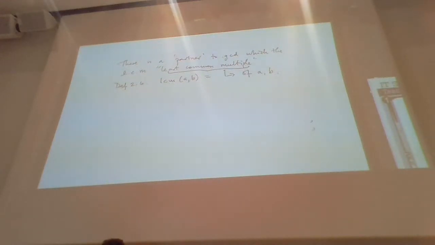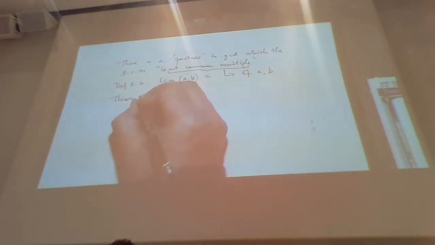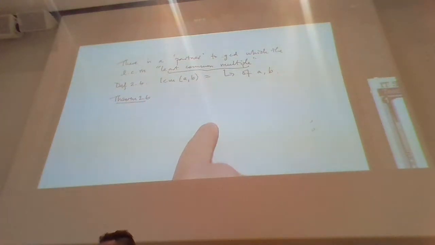When I say partner to GCD, it really is an equivalent construct in that it's directly linked to the GCD in the following way, which is made clear in theorem 2.6. Oh, we should give some examples. So what's a nice example? 6 and 4.